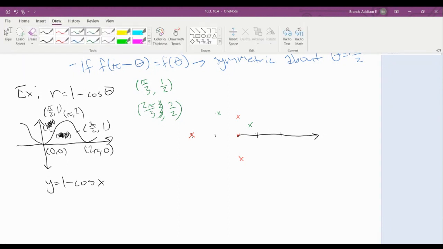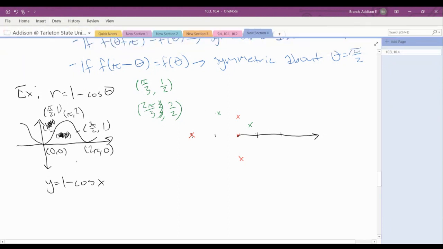So now let's see if there's anything else we can use. If we look at our Cartesian graph, this is actually something that helps us out. We discussed way earlier, I think even in 2413, that if we had f of negative x equals f of x, then it would be even and have symmetry around the y-axis.